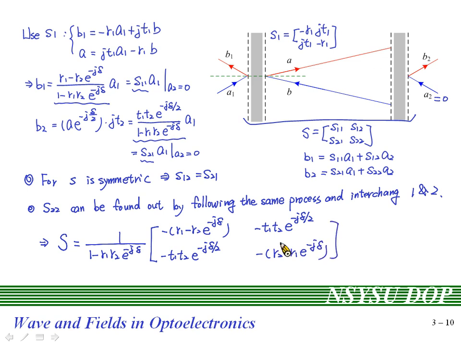And you can see S12 is the same as S21, and you can obtain S22 by interchanging 1 and 2 in S11. Then you will have S22 here. So this is the total scattering matrix of the whole system for the Fabry-Pérot interferometer.